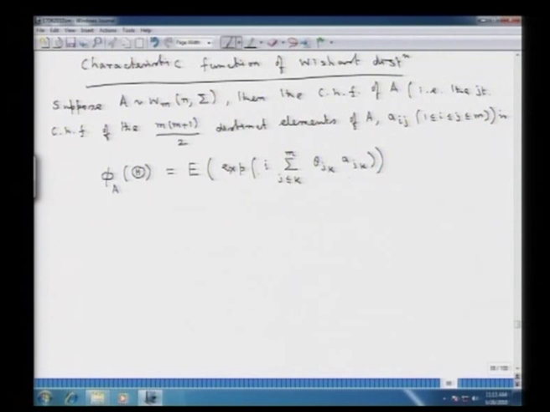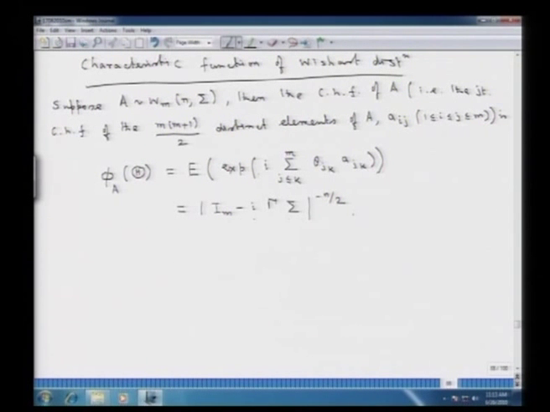In this double summation, we are only looking at the distinct elements in one direction. So, we have that to be equal to determinant of an identity matrix of order m, I m minus i times gamma times this sigma matrix, and whole raised to the power minus n by 2.